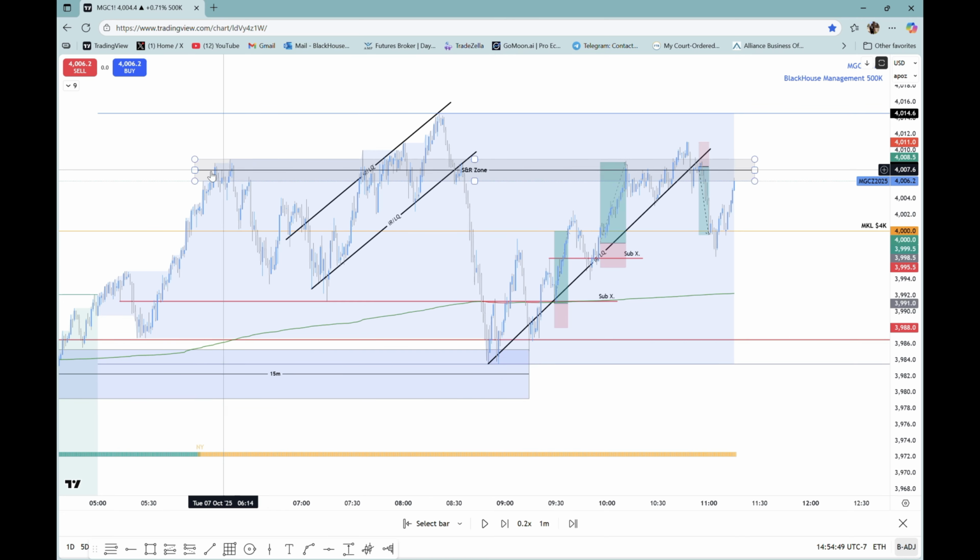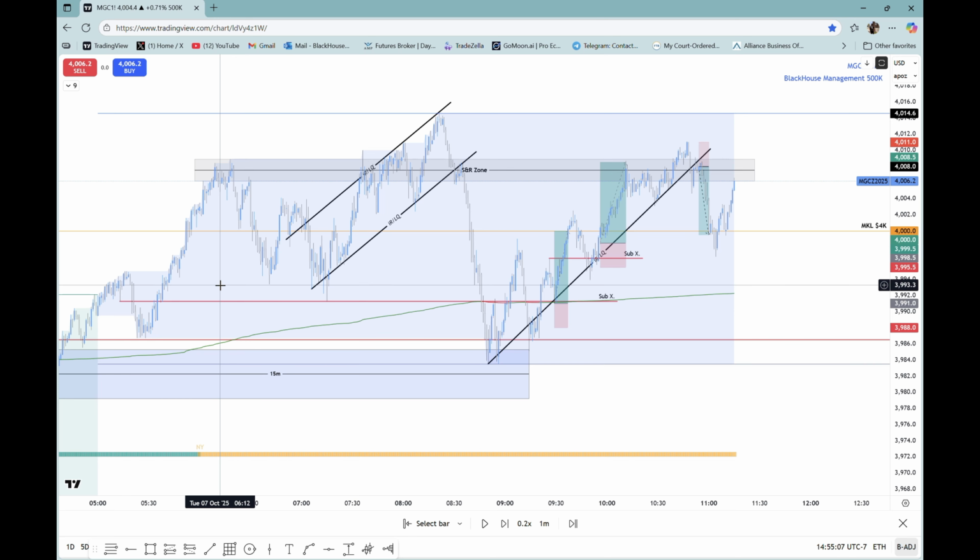So when we came up into the zone originally, when it was being created, we used it as a level of resistance. We came down right to the MKL 4K. Then we came down into these levels, which are like minor 1 minute sub X levels.